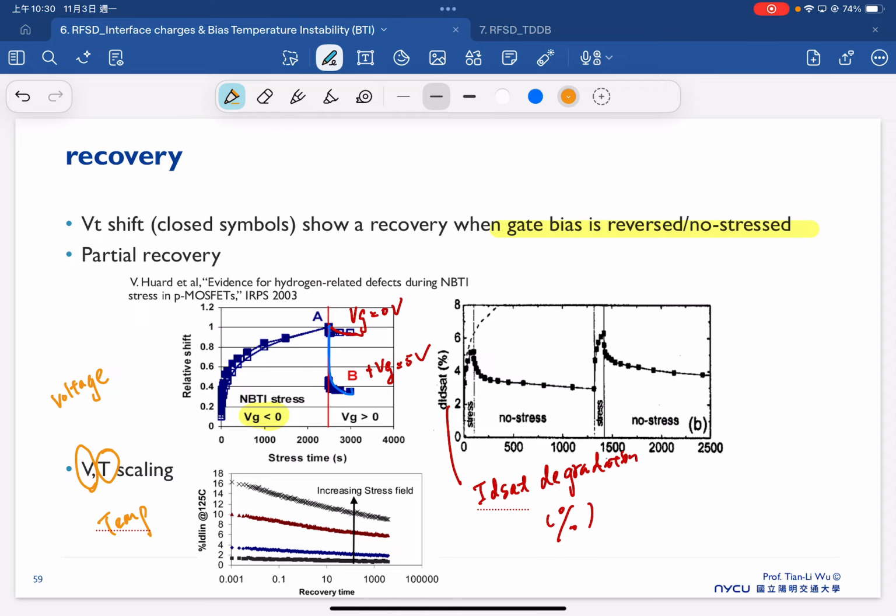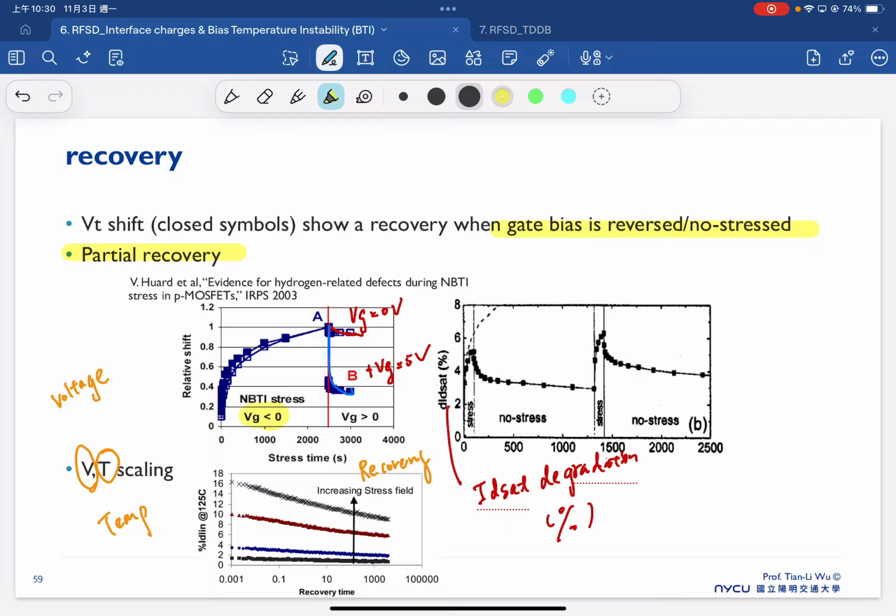This is one of the recovery characteristics. And the problem it causes in the end is that we cannot get a full recovery. It's always a partial recovery.